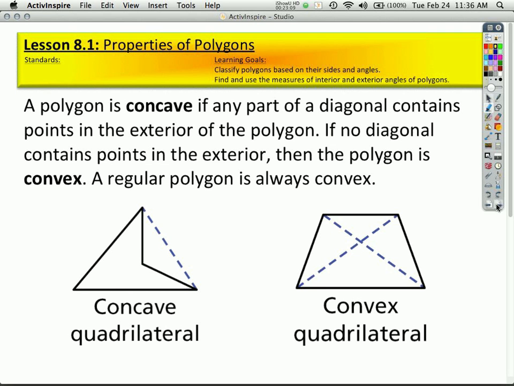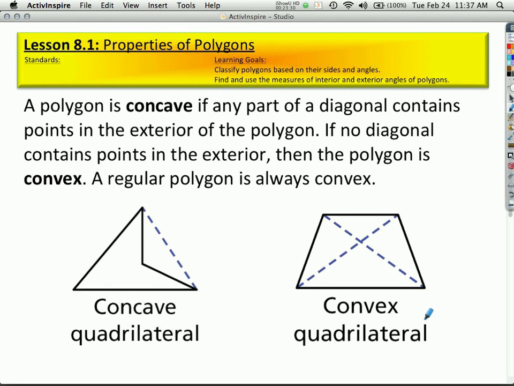If you can connect a diagonal between two vertices and it ends up outside of the polygon, then that is called concave. If you can only draw diagonals inside the polygon, then that's called convex. We are going to be dealing mostly with convex. Here is the diagonal outside of the polygon. Any questions about that?